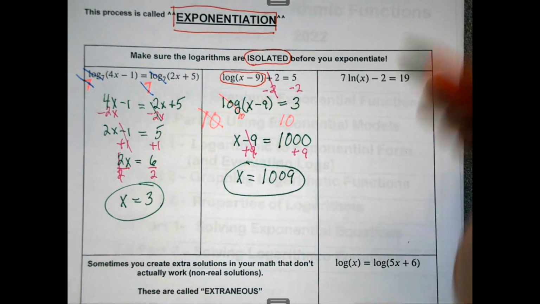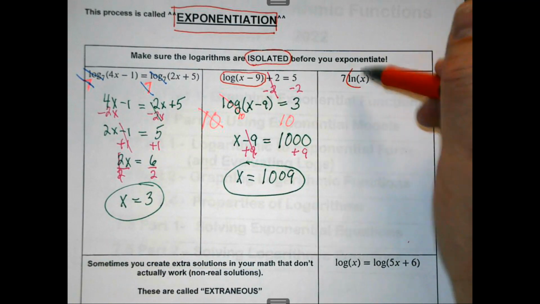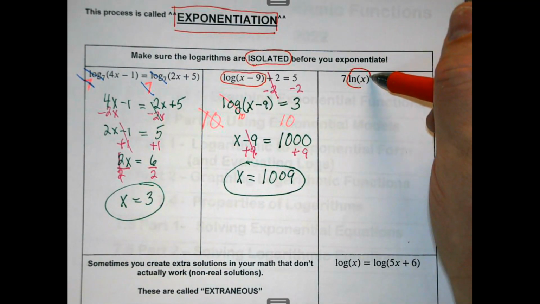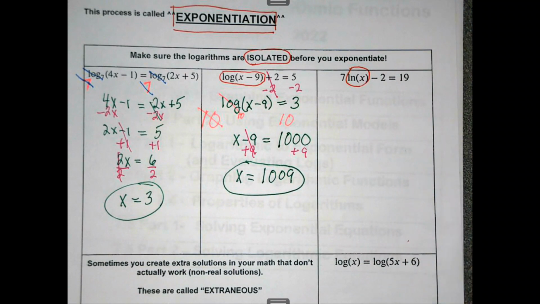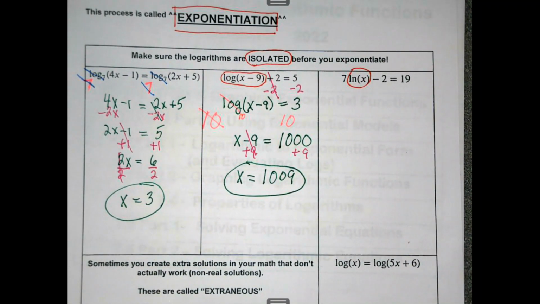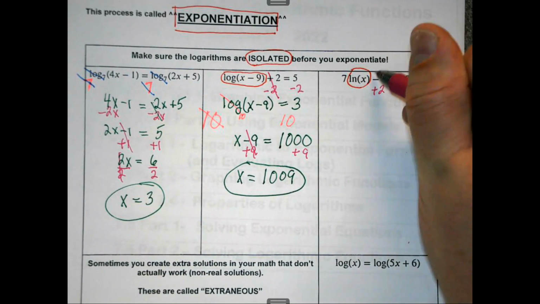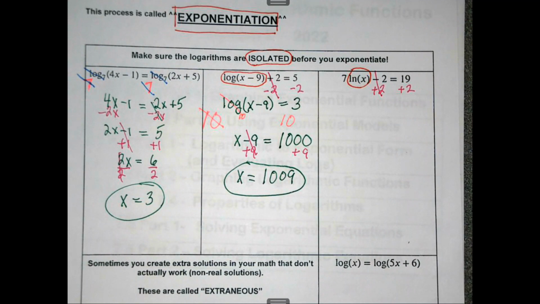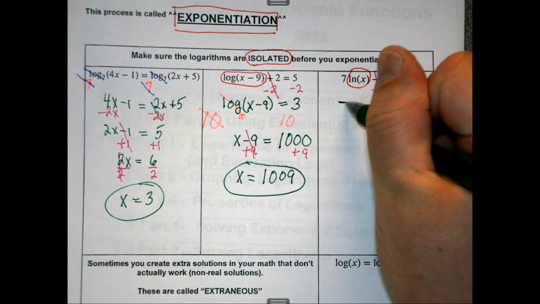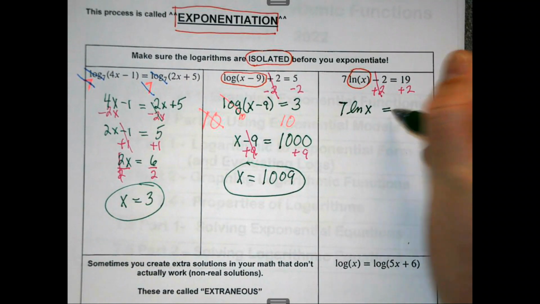Okay, first thing I have to do is isolate the log. In this case, I have the natural log of x. So I'm going to add 2 first to both sides. I get 7 times the ln of x equal 21.